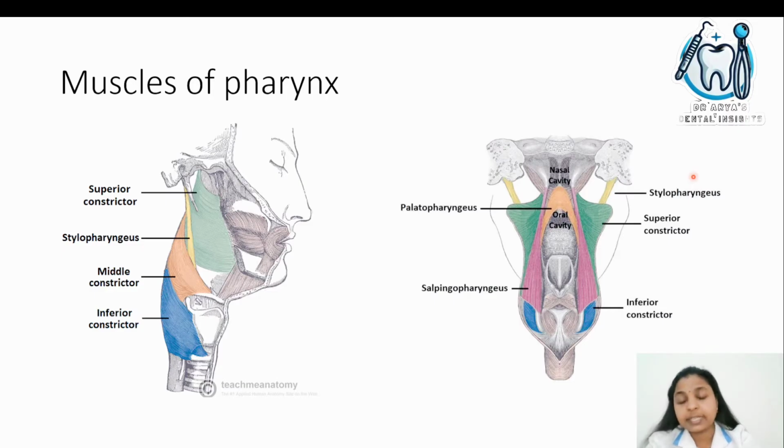All the muscles of the pharynx except stylopharyngeus are innervated by the vagus nerve. But stylopharyngeus is innervated by the glossopharyngeal nerve. So salpingopharyngeus and palatopharyngeus are innervated by the vagus nerve and stylopharyngeus is innervated by the glossopharyngeal nerve.